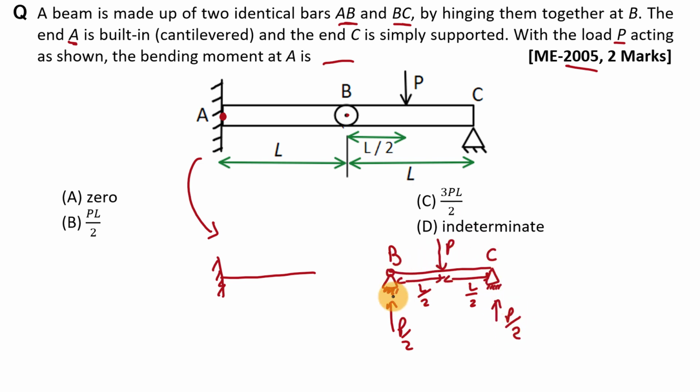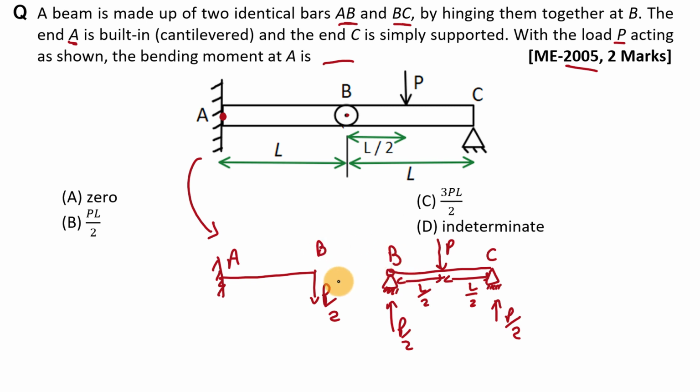And here we are getting reaction at point B having value P by 2. Means in this beam we will get one point load in this direction having value P by 2. Right? So by this load P, there will be P by 2 load on this AB beam at point B.